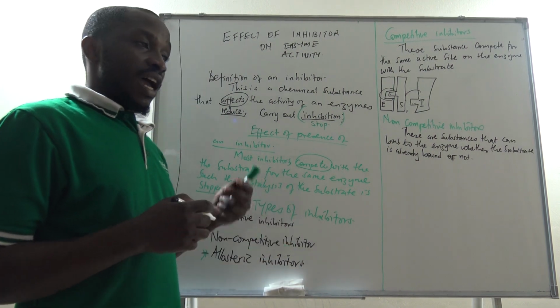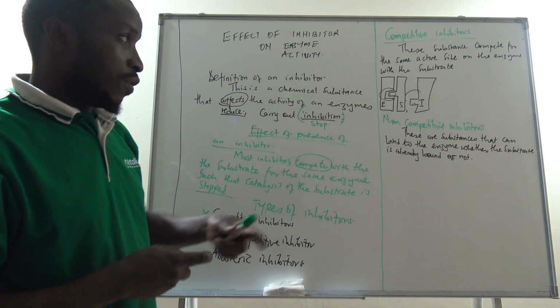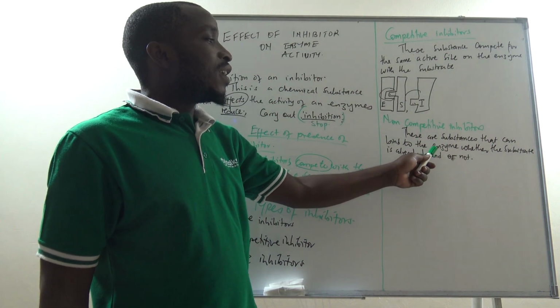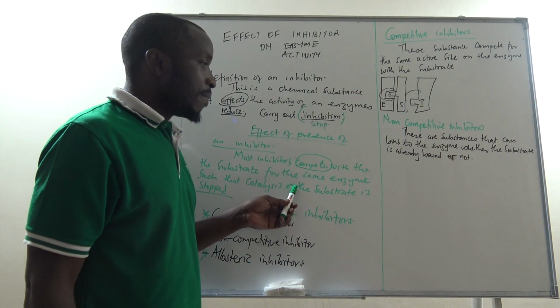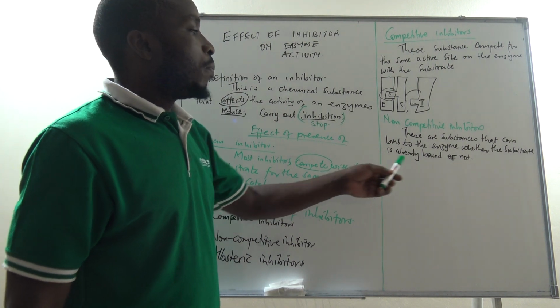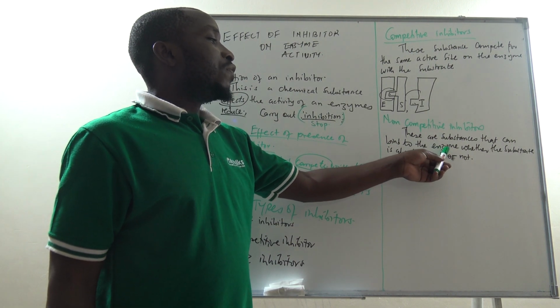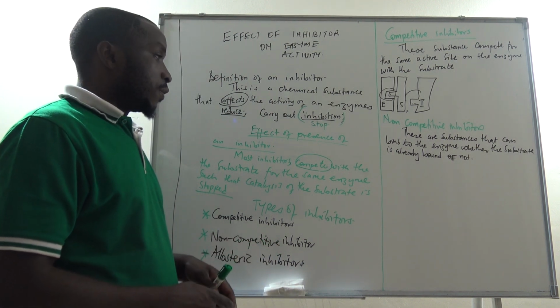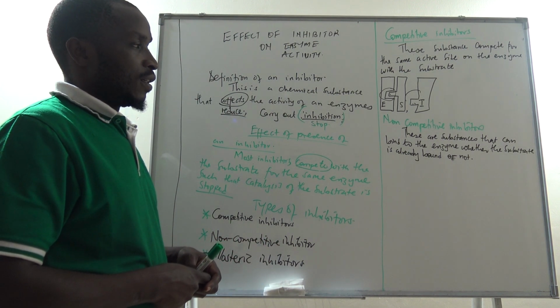That's why they are called non-competitive. They won't compete for the same active site, but they can go further and bind to the same enzyme at different sites. That would be a non-competitive inhibitor.